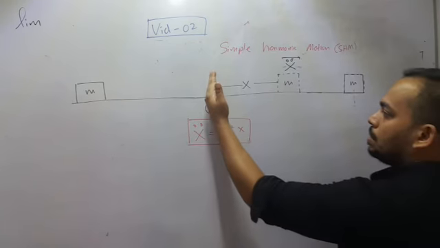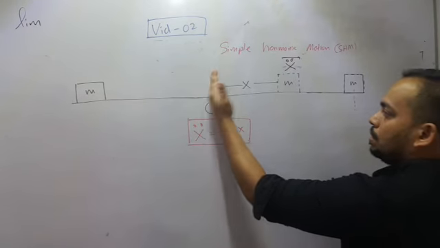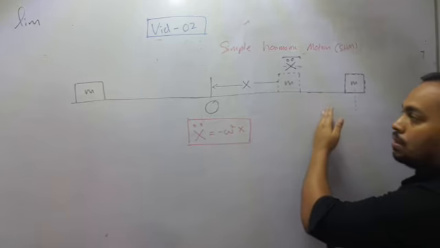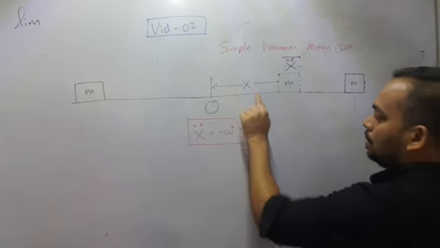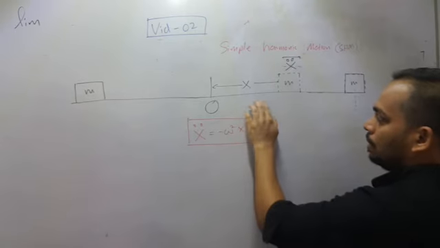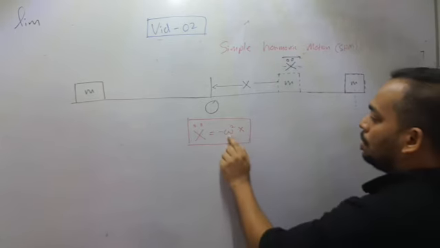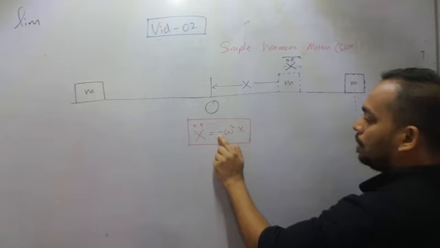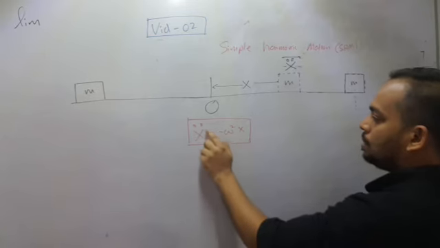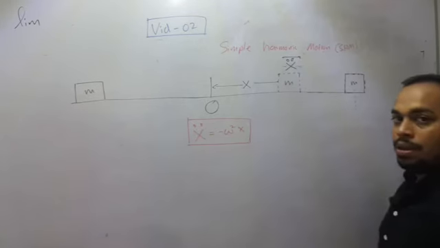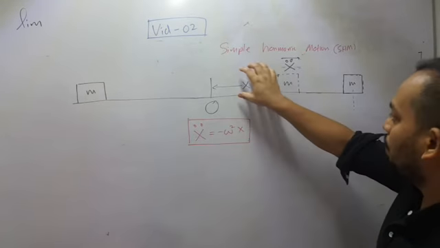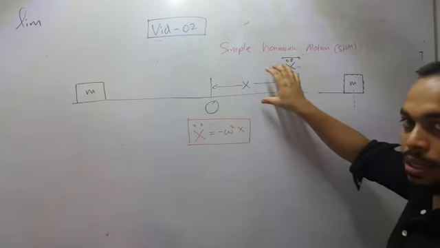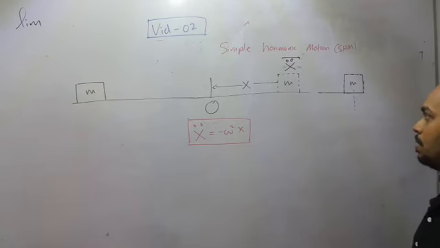Displacement is measured from this point towards the right side, so x is a positive quantity, and omega squared is positive but multiplied by a negative sign. That means acceleration is a negative quantity when it is moving in this direction. So when it is moving in this direction, it is actually decelerating, not accelerating.